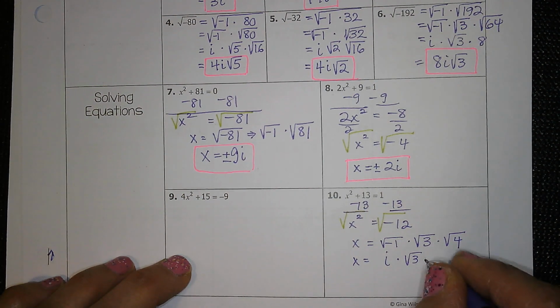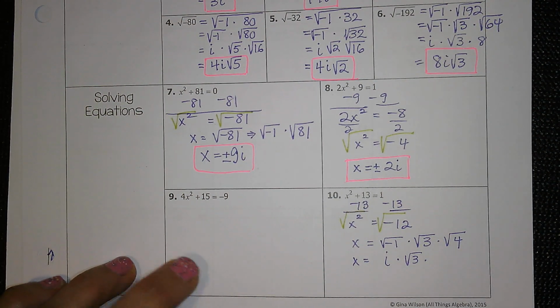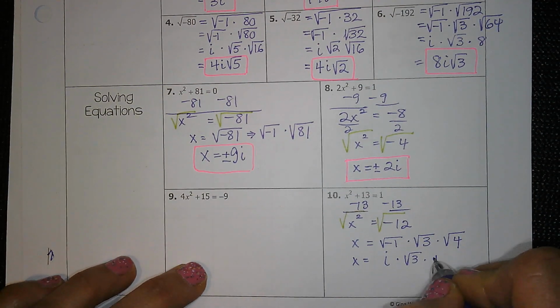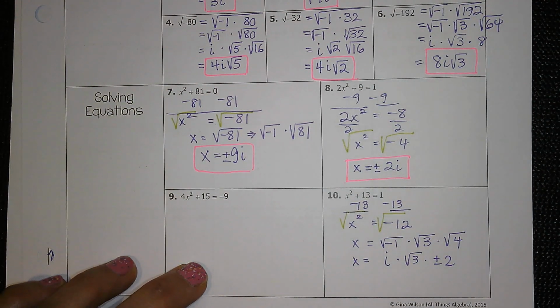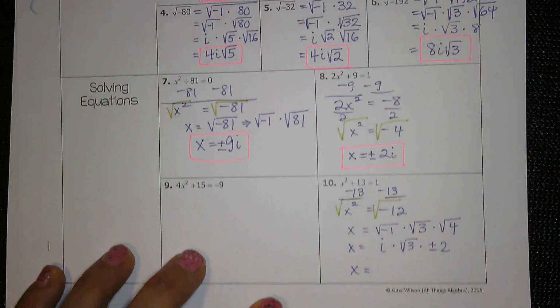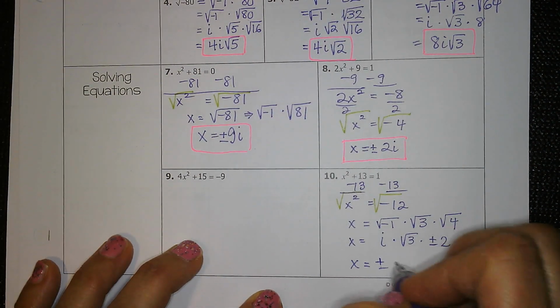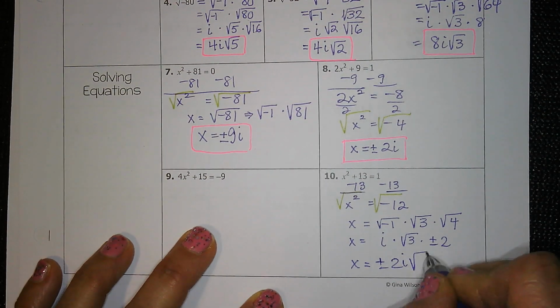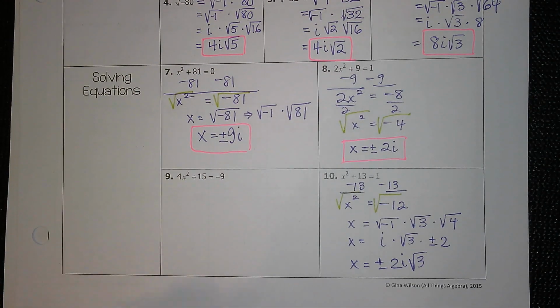But then the root of 4 is not just 2, it's plus or minus 2. And then finally, to write it properly, the way you'll see it, what comes first? Yes, plus or minus 2, and then the i, and then the root 3. There you go. Very good.